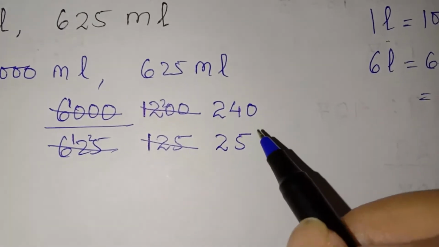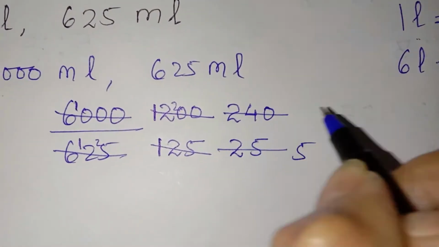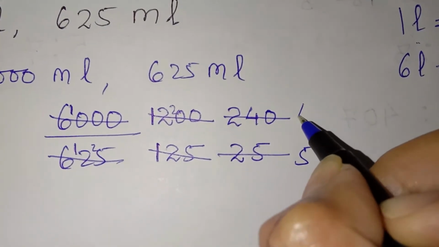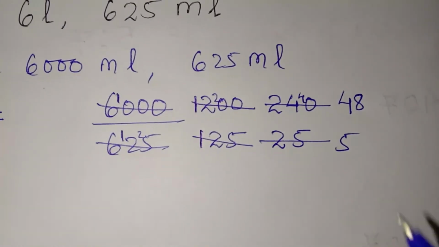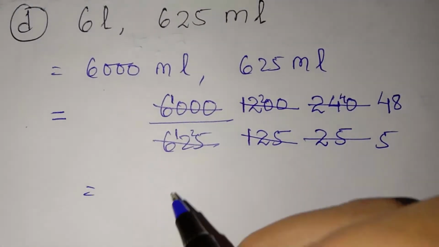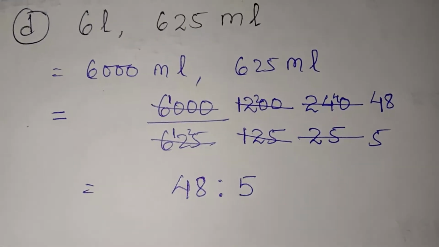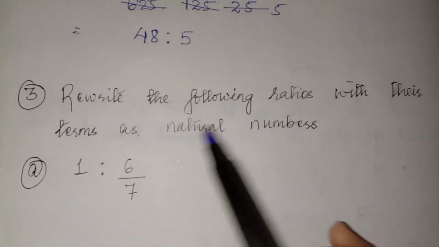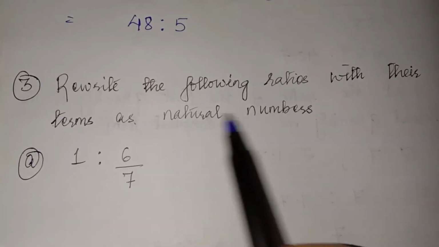Again we can cancel with 5 because the last digit is 0 and 5. 5 5s are 25, 5 4s are 20, 5 8s are 40. So answer is 48:5.